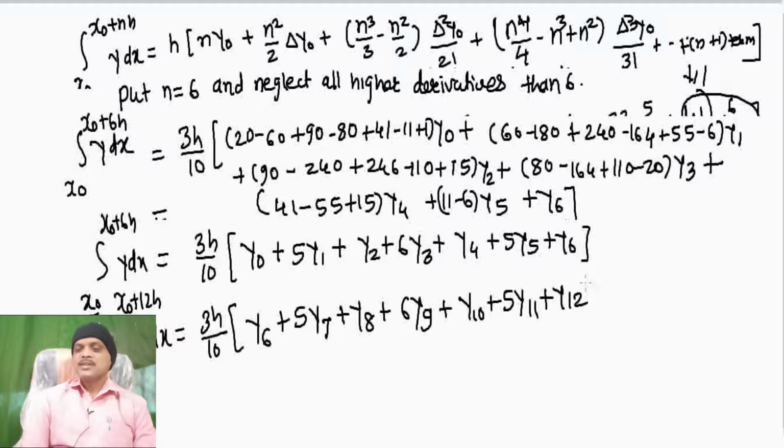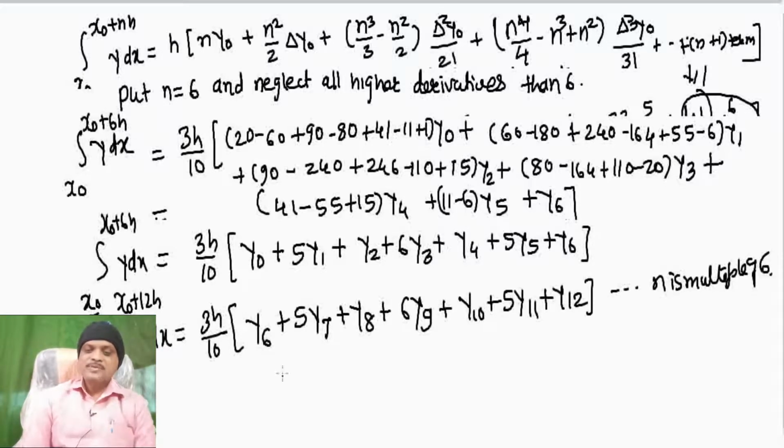So let us suppose that n is a multiple of 6. Whenever n is a multiple of 6, we get the integration from x0 plus n minus 6h to x0 plus nh of y dx.